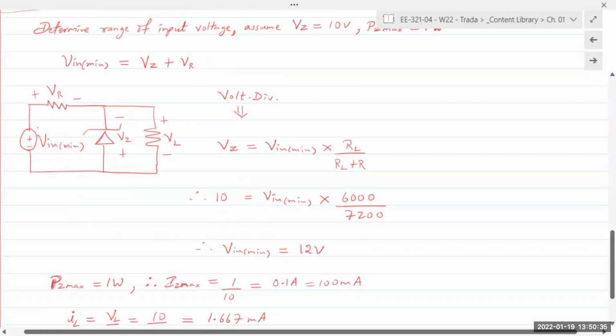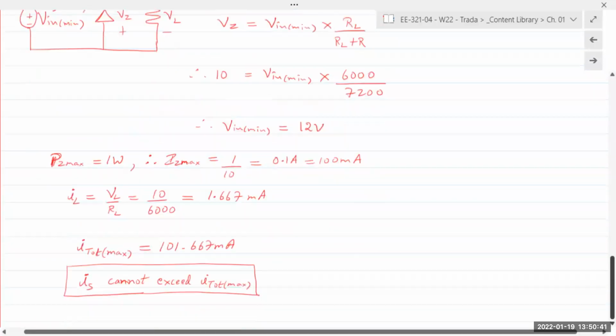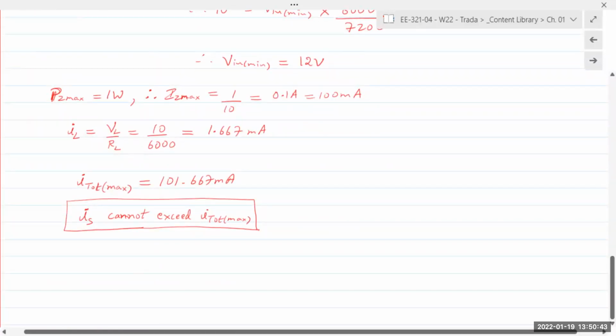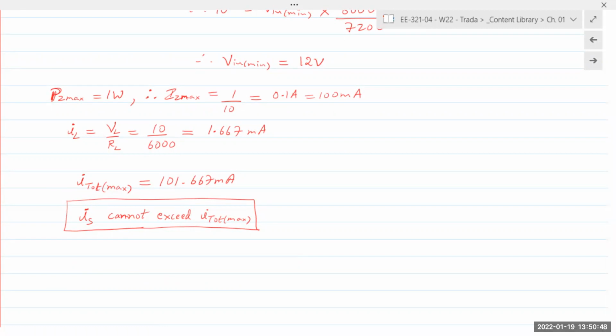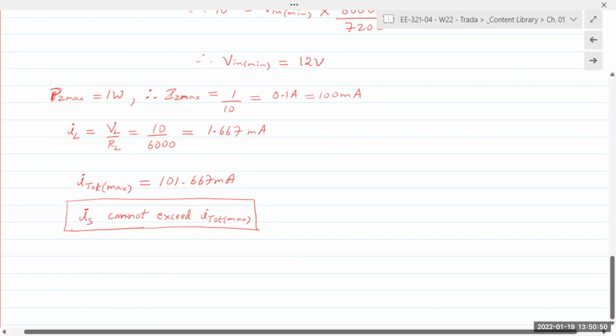So this is IS, which is going through VR. Now I can calculate the voltage based off of the current values that we determined. The voltage across R would be equal to 101.667 milliamps times 1200.